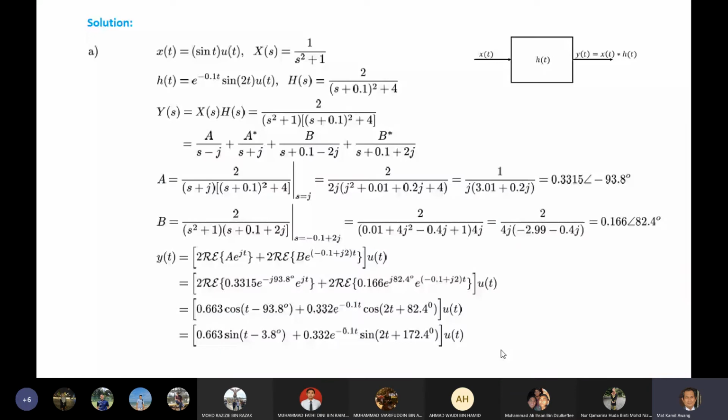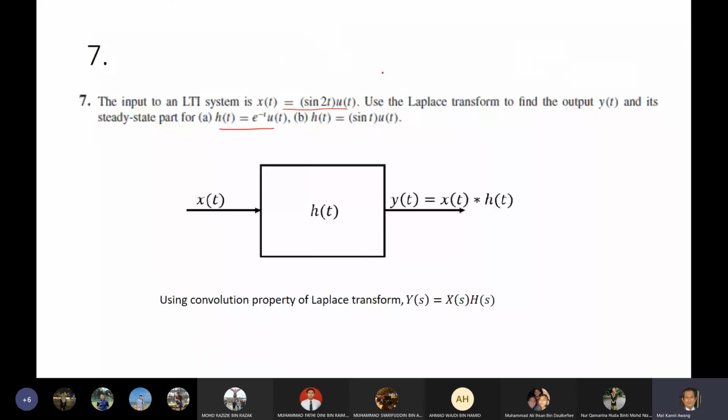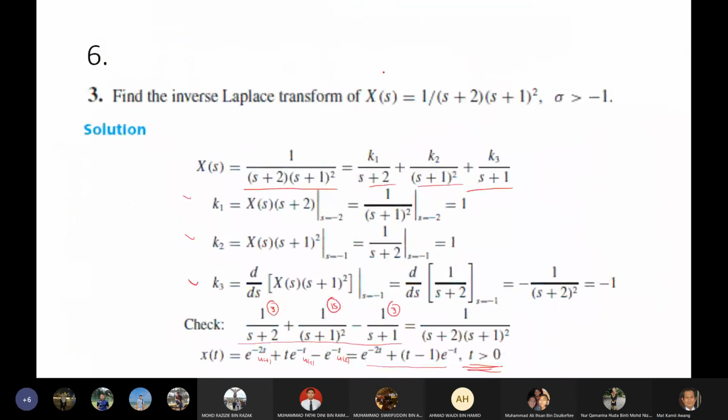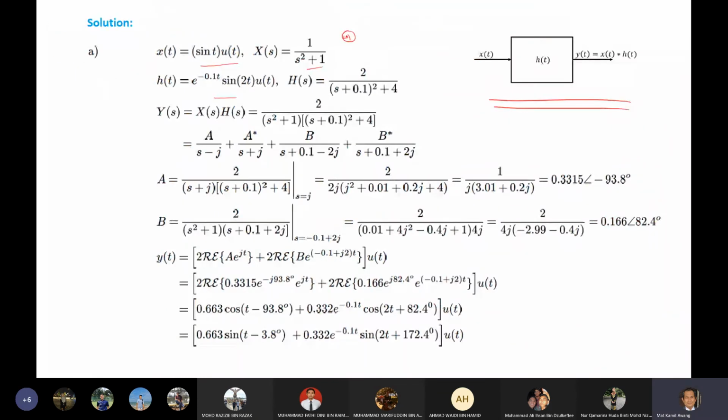Same problem. Basically, just these systems, which is x of t convolved with h of t. So this is x of t. This is h of t. So you use the table. This is table number 4, I think. Number 4 in the table. This one is also from the table, right?